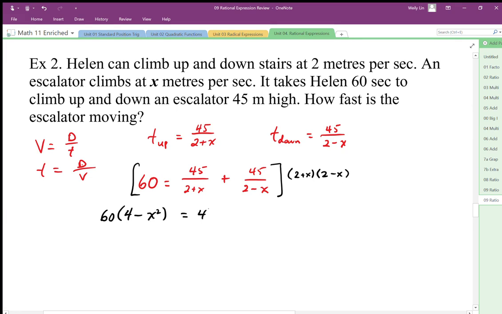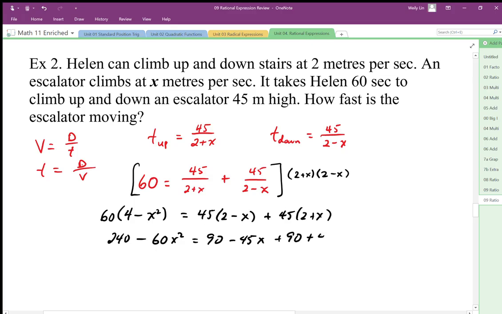The 2 plus x cancels out, so we're left with 2 minus x. Here the 2 minus x cancels out, so we're left with 2 plus x. So we have 240 minus 60x squared equals 90 minus 45x plus 90 plus 45x.